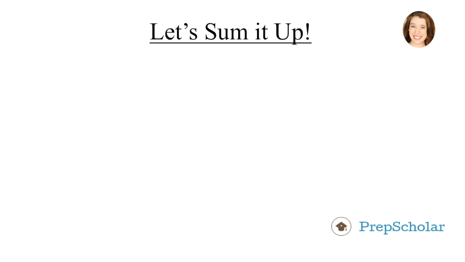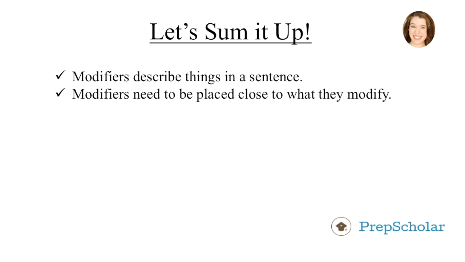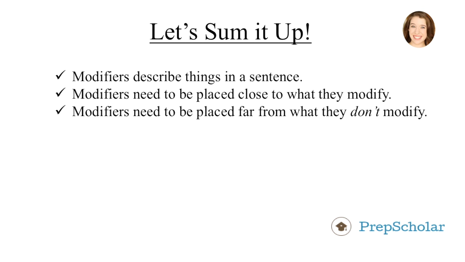All right, let's sum this all up. Modifiers are phrases or clauses that describe things in a sentence. They can add more information, add description, use adjectives and adverbs. Basically, they're anything that adds any description at all to a sentence. Modifiers need to be placed close to what they modify. That keeps the sentence clear. Modifiers need to be placed far from what they don't modify.